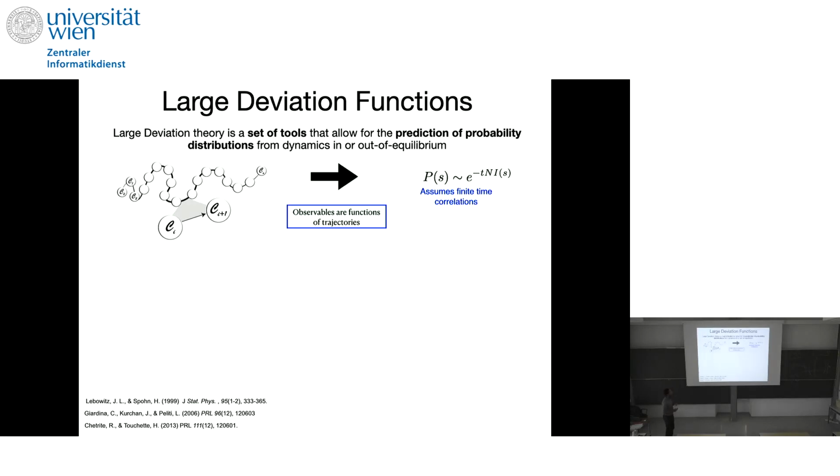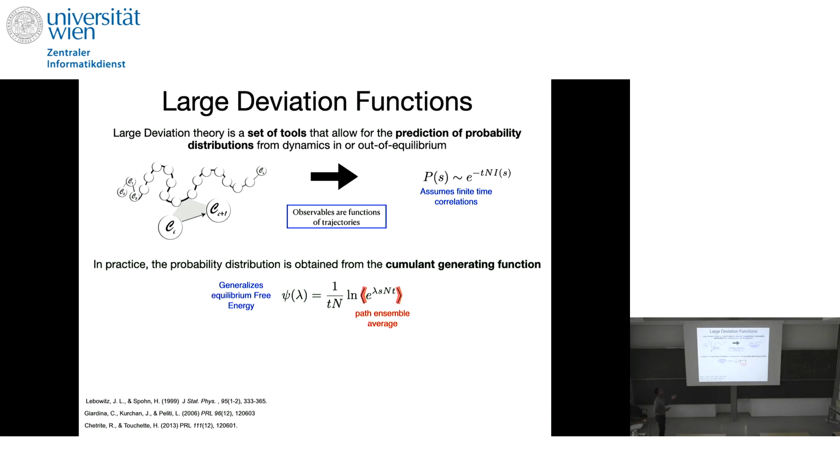You take a trajectory in phase space, say C is a configuration. From a trajectory, this framework will allow you to get a probability distribution. Here I want S, and it assumes that the fluctuations are exponentially decaying, and extensive in time and system size with number of particles.